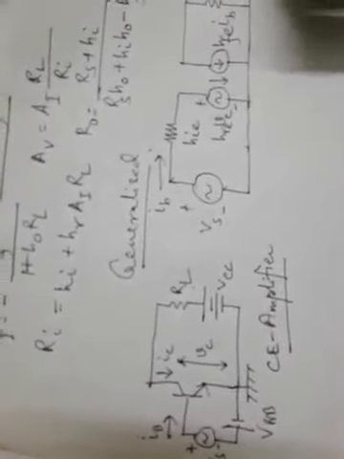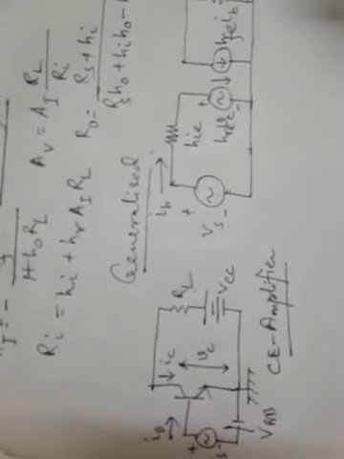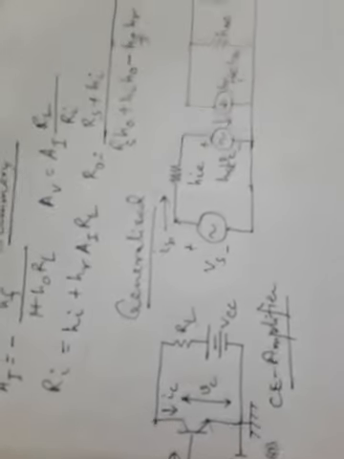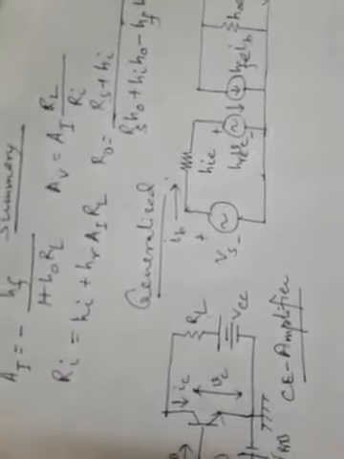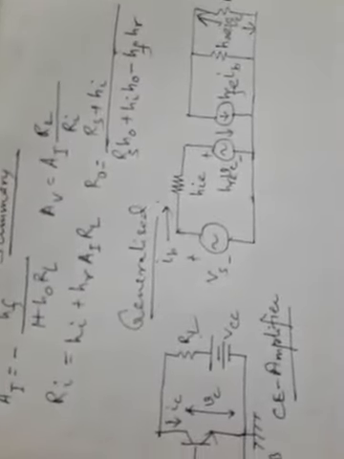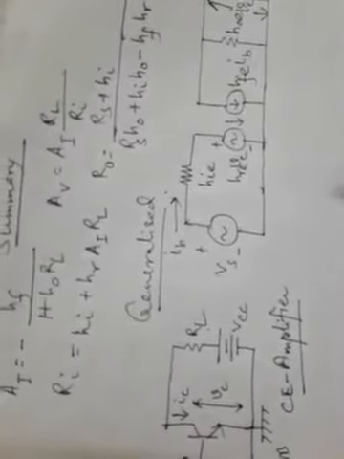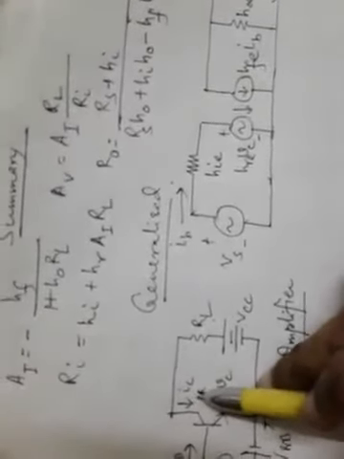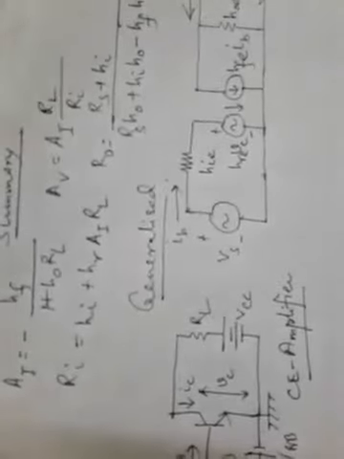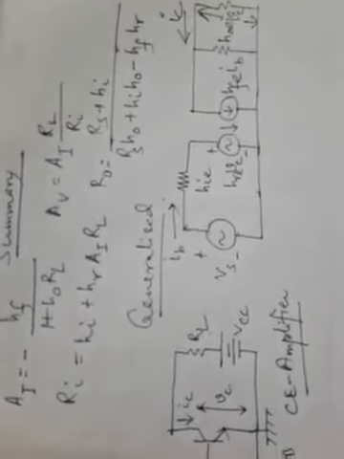Across this RL the output voltage, the port 2 voltage, is nothing but VC here. So show VC like this, measured at the output port. One thing remaining is to show the port 2 current, which is IC. That means IC is flowing from port 2 into the transistor. This is I2 in the general circuit, but here it is IC, the current for port 2.